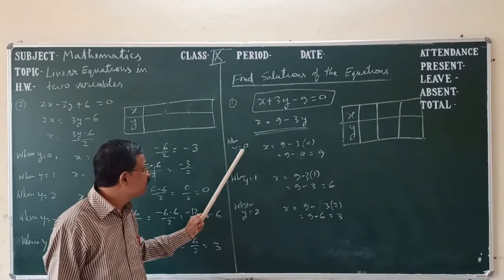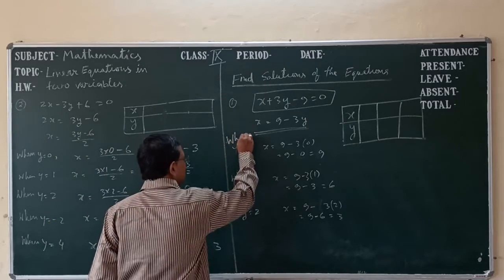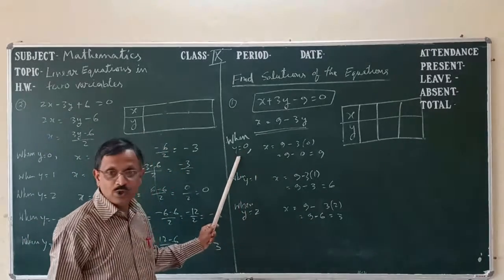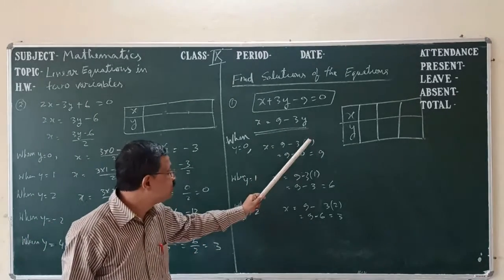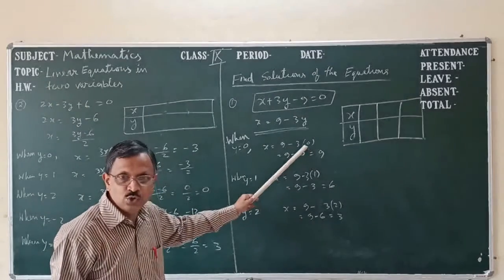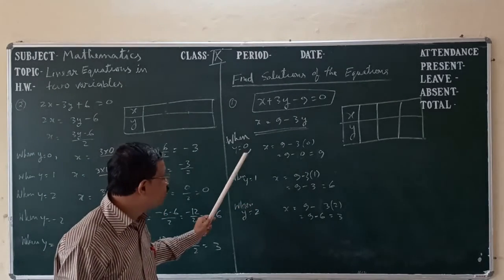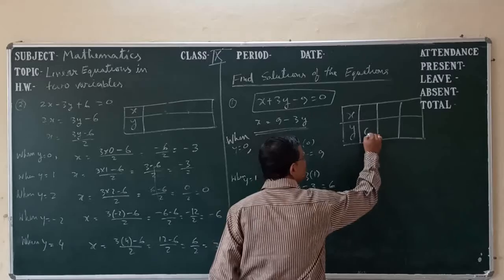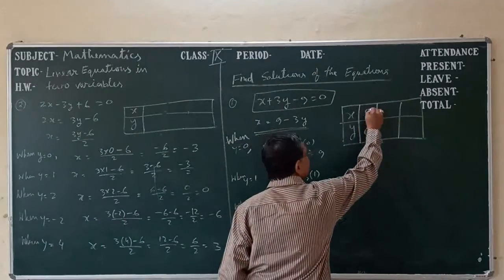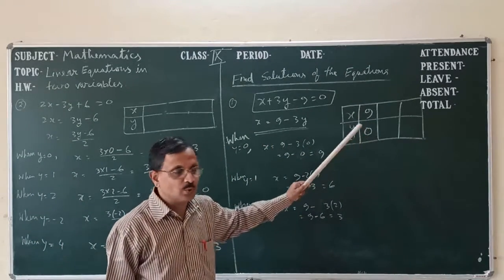Suppose y is equal to 0. If we put y equal to 0, then x is equal to 9 minus 3 into 0, which is 0, so x is equal to 9. So this is the solution: x equal to 9, y equal to 0.